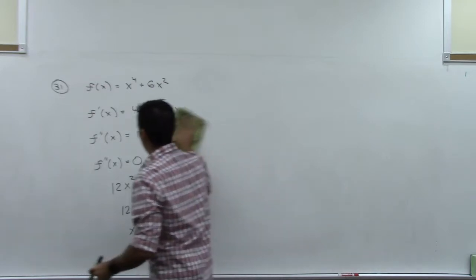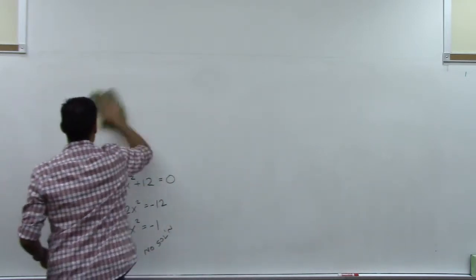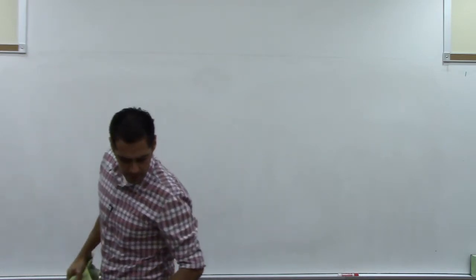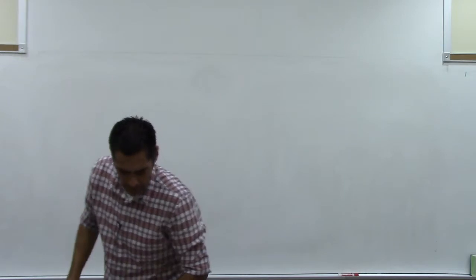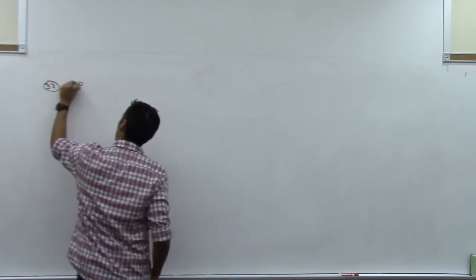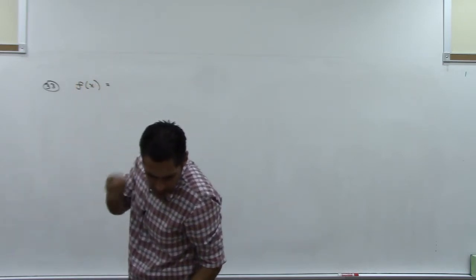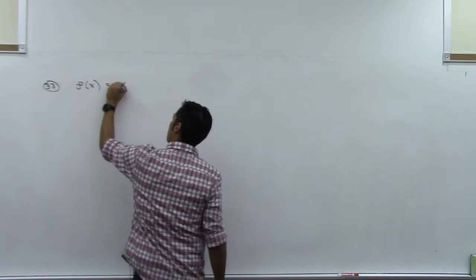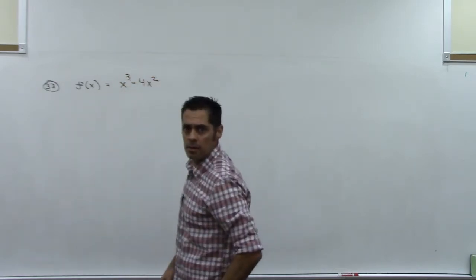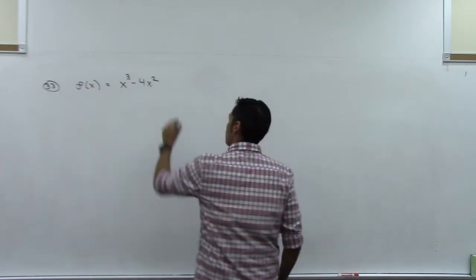Let's take a look at a different function that perhaps behaves a little different than that one. So number 33 is x cubed minus 4x squared plus 5x minus 2.